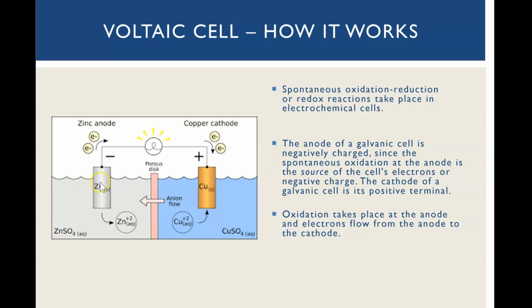So the anode of a galvanic cell is negatively charged, since the spontaneous oxidation at the anode is the source of the cell's electrons or negative charge, and the cathode here is the positive terminal. Oxidation takes place at the anode, and the electrons will flow from the anode to the cathode.